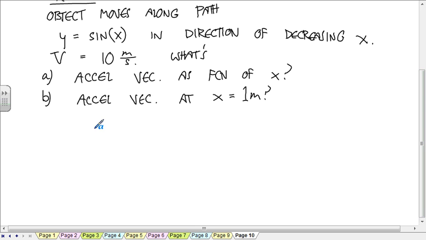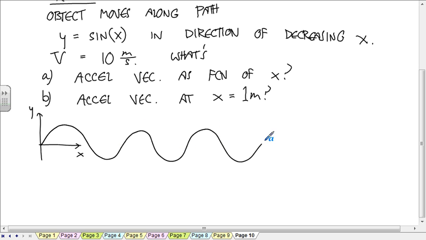Okay, so what's happening here is an object's moving along this path. And is it moving towards the left or the right along this path? It's moving toward the left because we're talking about decreasing x. And so the unit vectors that we want in all these cases are the ones going this way.